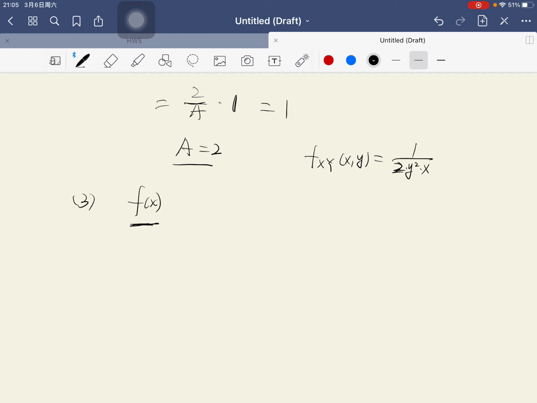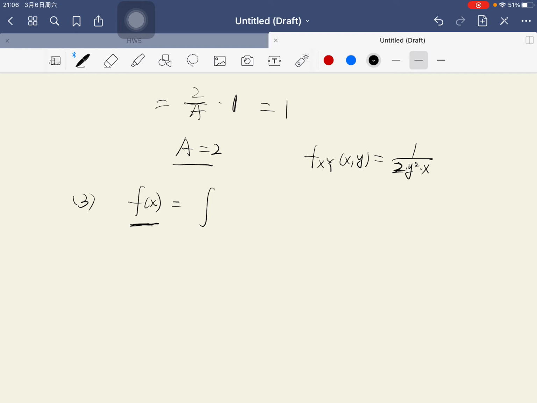The marginal density function of x is equal to the integral over y, and in these questions, x is from 1 over y to y.